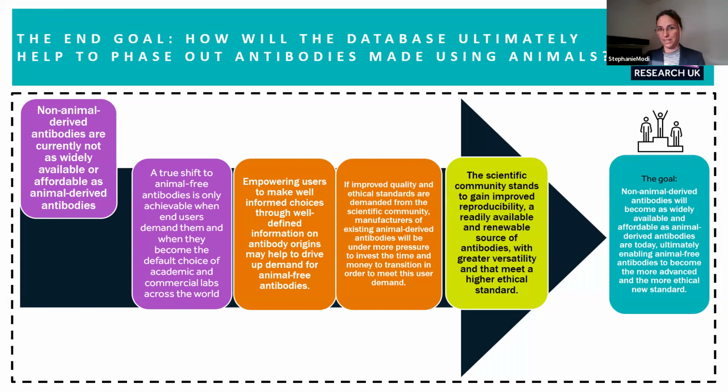So that leads us to the end goal, which is that non-animal derived antibodies will be as widely available and affordable as animal derived antibodies are today. And ultimately, we want these animal-free antibodies to become the more advanced, ethical and more scientifically excellent new standard.